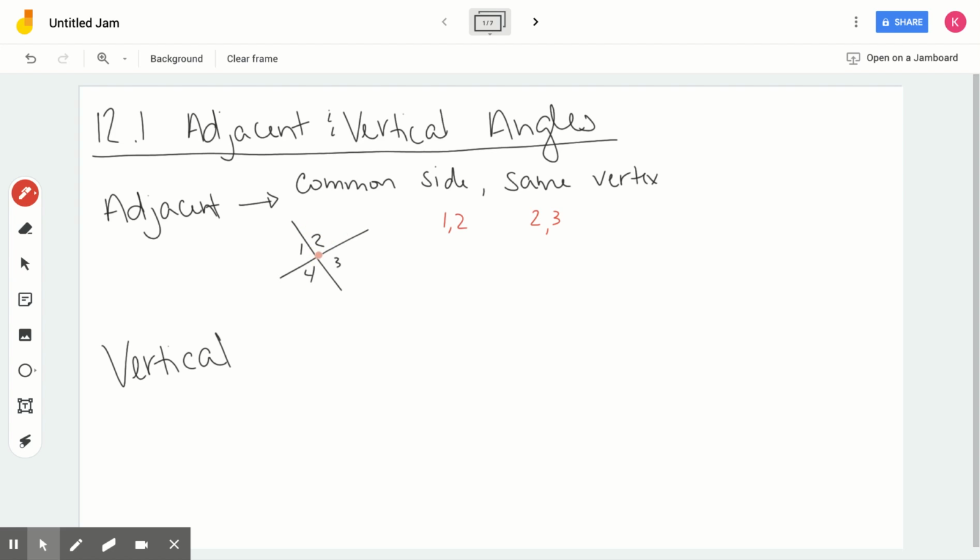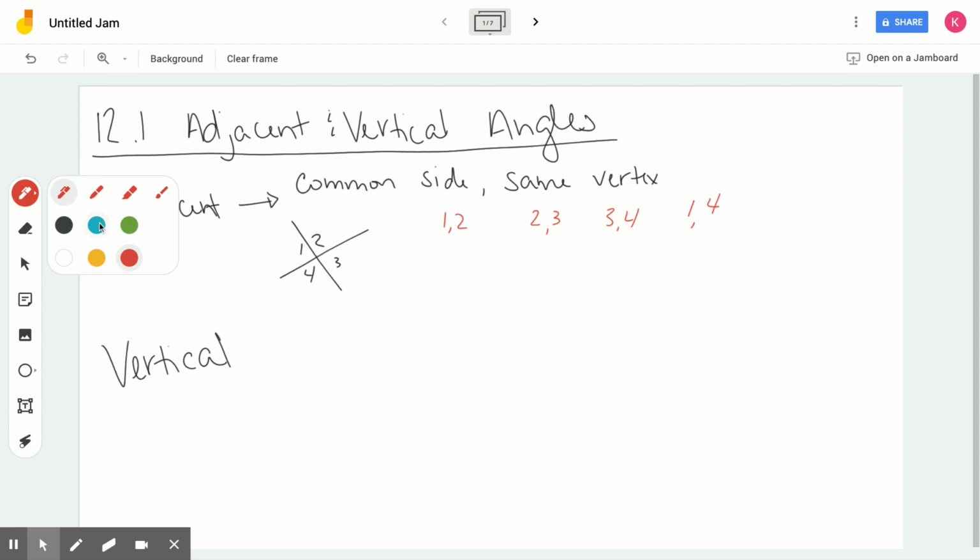Common side, same vertex. 3 and 4 are also adjacent. Common side, same vertex. And the same for 1 and 4. Common side, same vertex. So these are some examples of adjacent angles.